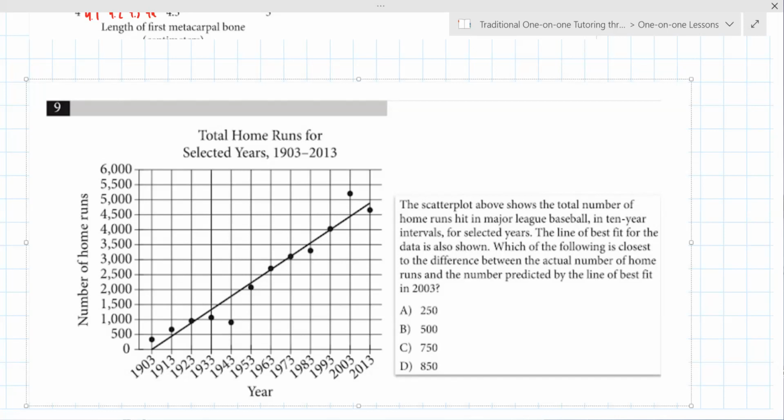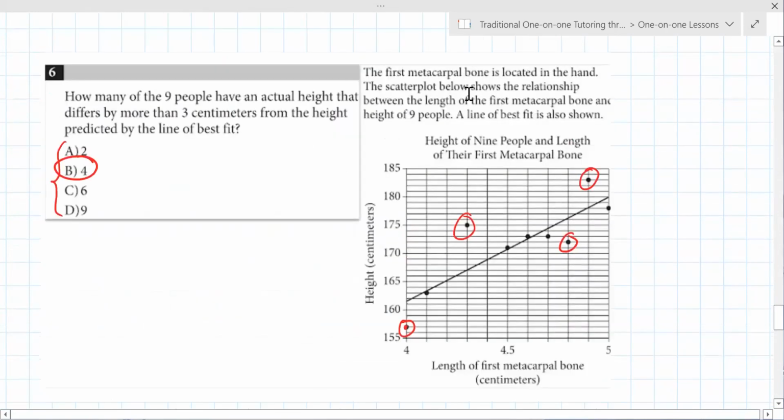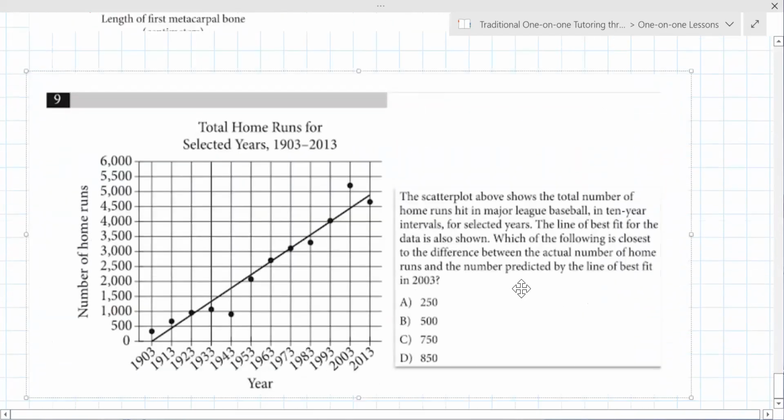So what does it mean by the difference? Yeah, let's go back and look at this previous problem where you did this. So this was the difference of 3. You find the point and you just go straight down to the line or straight up to the line. That's the difference between it.